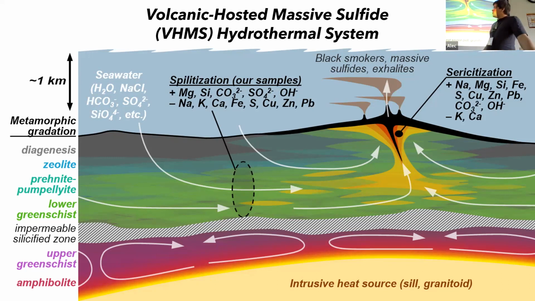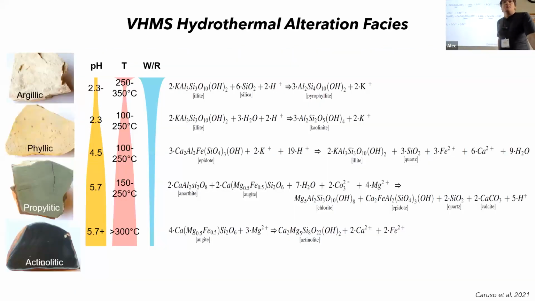And our rocks happen to be on the margins of what is actually one of the best preserved examples of a VHMS system anywhere in the rock record. It's called the Panorama District. And what we're seeing is just the end product of all of these alteration processes. And those end products bring those mineralogical changes that we've observed into sharper focus, because these VHMS systems generally have predictable depth and lateral zonation of alteration facies.